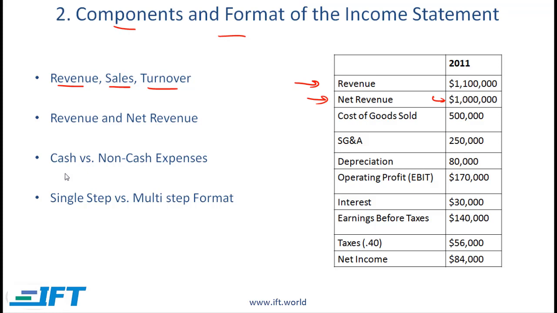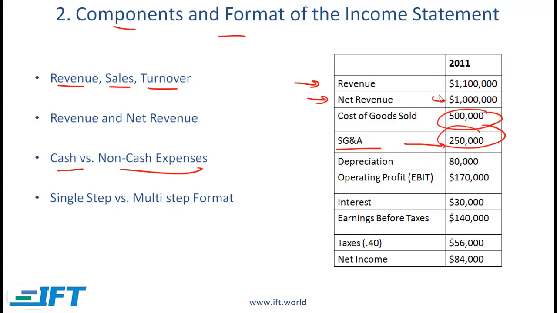The income statement will show both cash expenses and non-cash expenses. So for example, here we might say that cost of goods sold is mostly a cash expense. Sales, general and administrative expenses also might largely be cash expenses. Depreciation, on the other hand, is a non-cash charge.